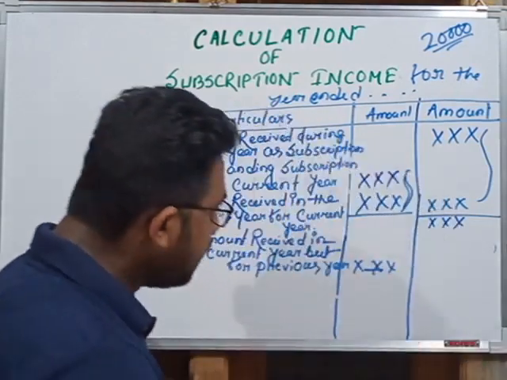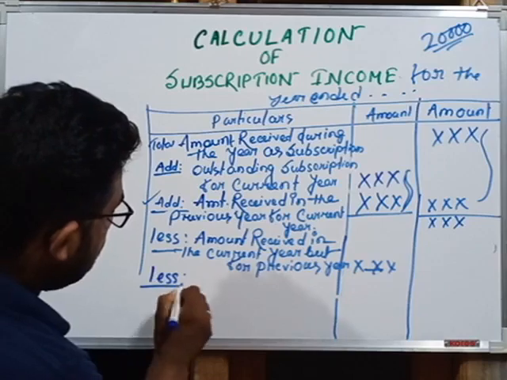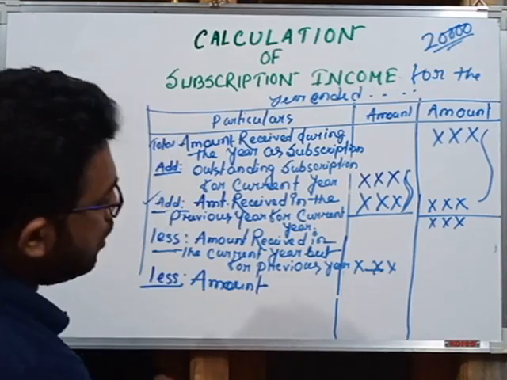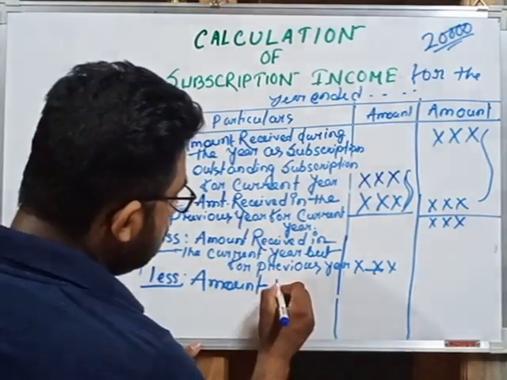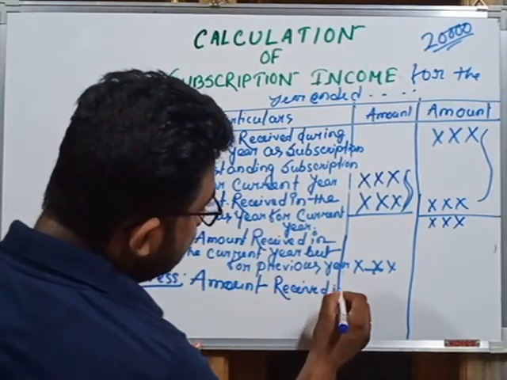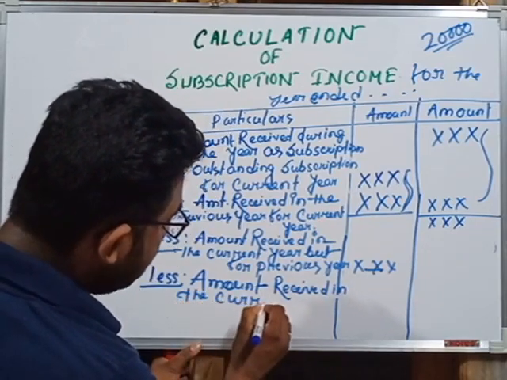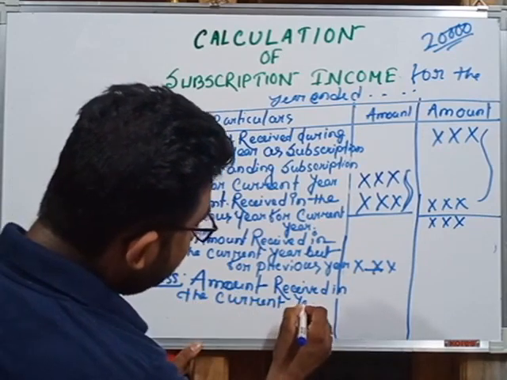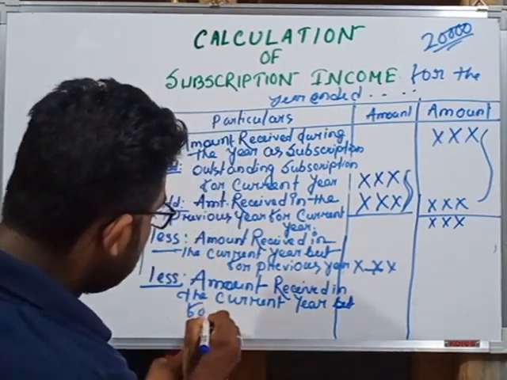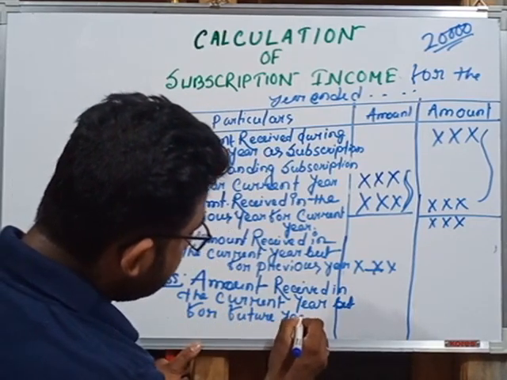Okay, next another item is amount received in the current year but for future years.